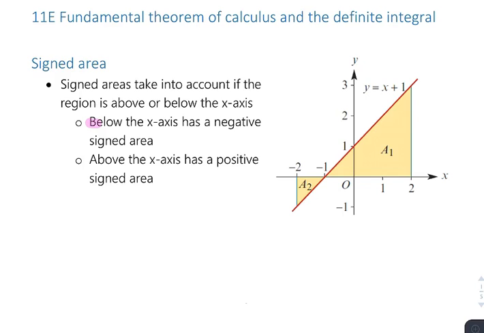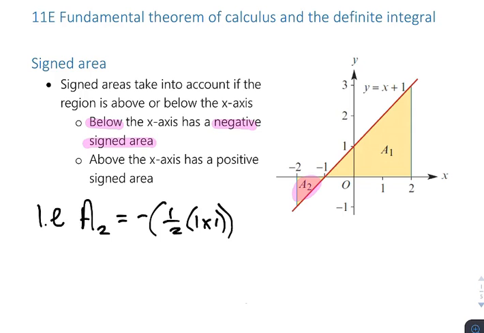We've got to be careful when we do this because we have something called the signed area. An area that's below the x-axis is designated a negative signed area. We could find the area by going a half times 1 times 1, which equals negative a half.